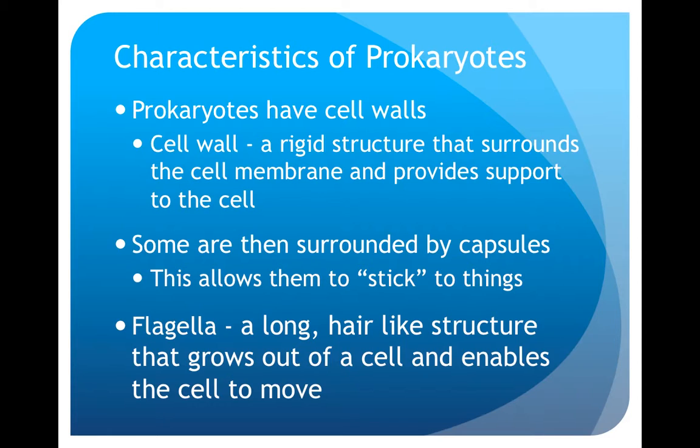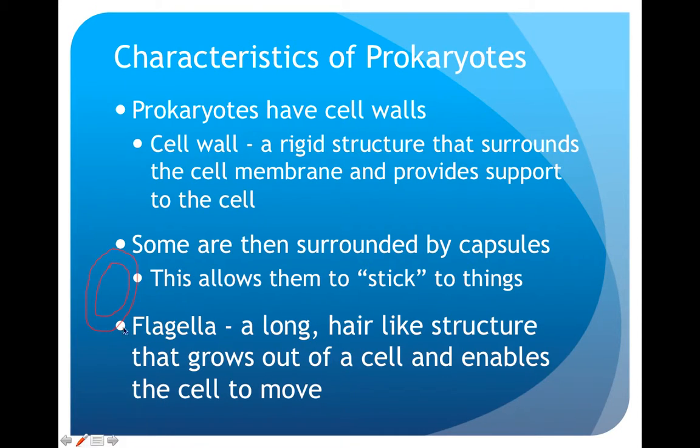Prokaryotes have cell walls, however. Cell walls are a rigid structure that surround the cell membrane and provide support to the cell. So first, you are going to have the cell membrane, and then you have this cell wall that goes around that. Some are then surrounded by capsules.